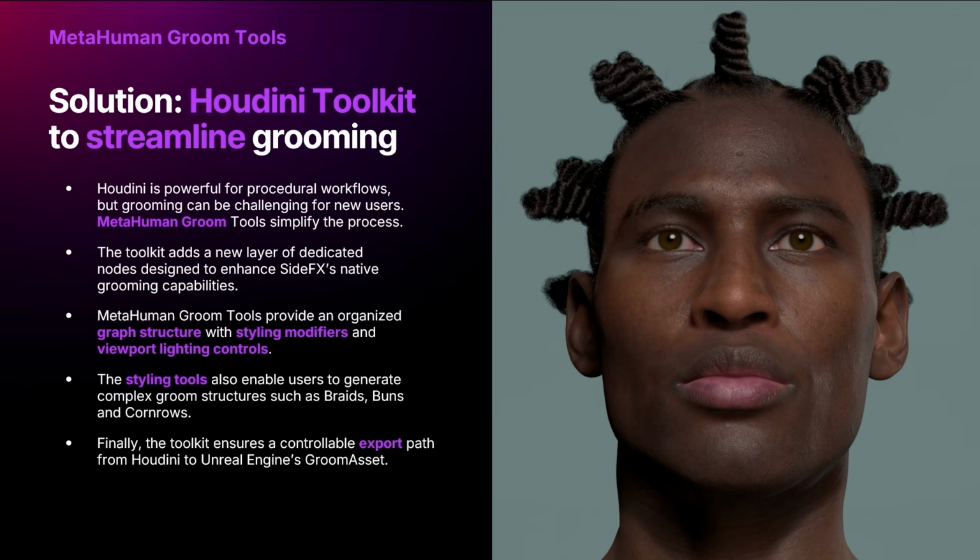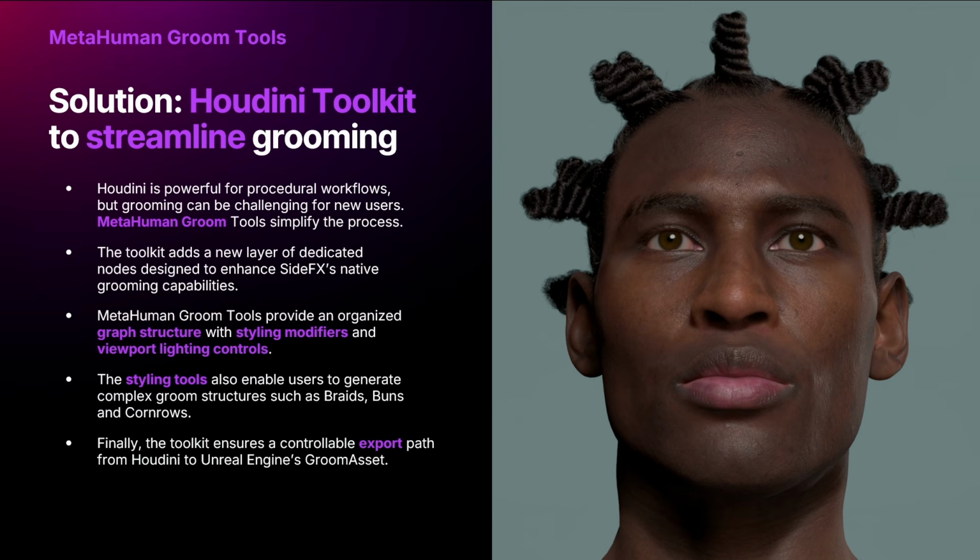On the MetaHuman team, we set out to lower the barrier to entry and make advanced grooming more accessible to artists. The result is the MetaHuman Groom tools, a purpose-built grooming environment developed as part of MetaHuman for Houdini. It's aligned with Unreal Engine's Groom asset technical requirements, meaning strands and guides, and it's designed to streamline complex workflows without sacrificing control and quality.